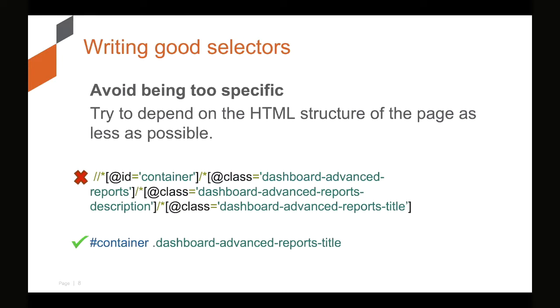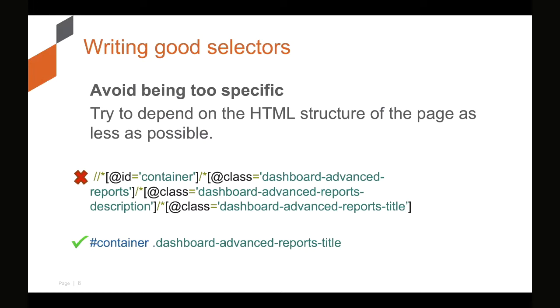So avoid being too specific. A good selector is always a balance between strict and loose matching of elements in the DOM. So try not to be extremely specific. If you look at the first example, you have too much information in there which clearly can be avoided.